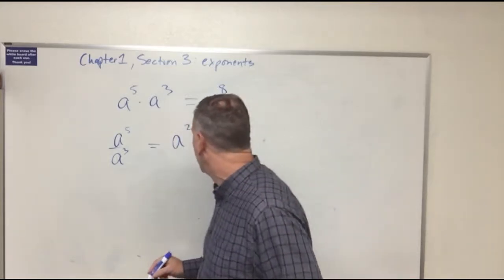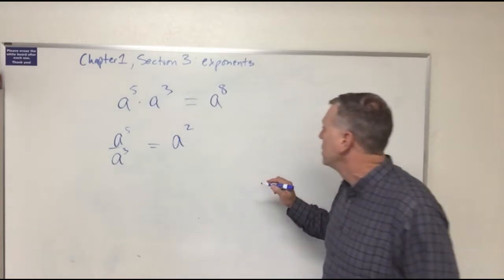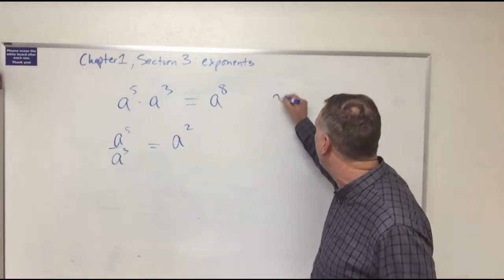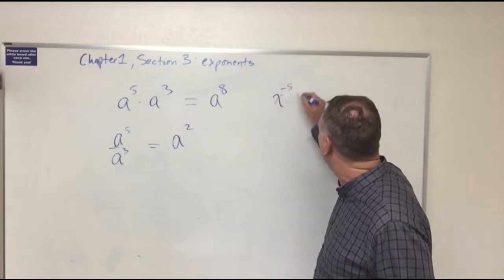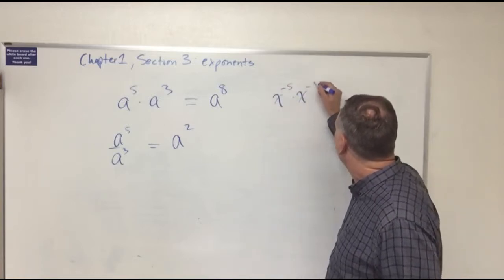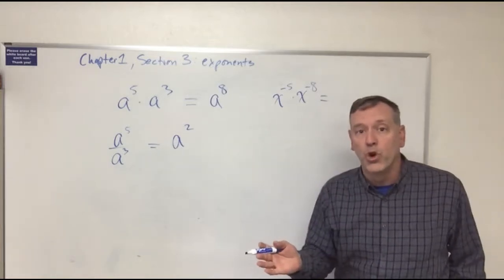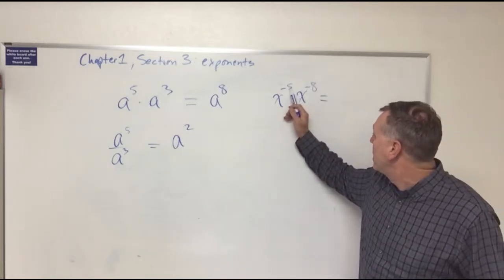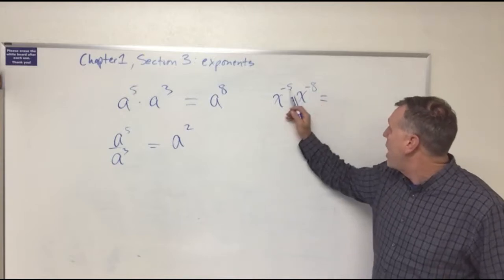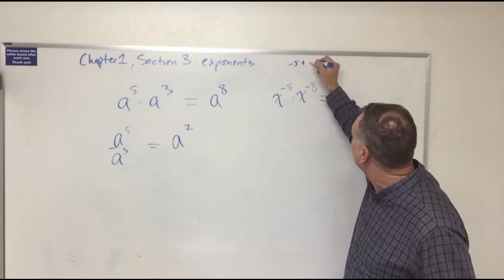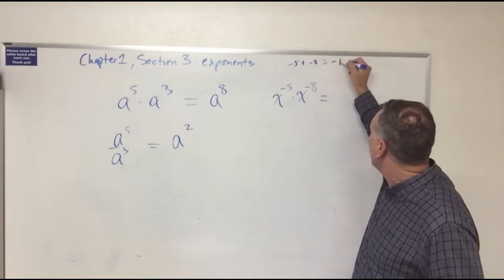Another example of this involves where exponents can be written as negative. It's fine to have an exponent negative power. For instance, x to the minus 5 times x to the minus 8, for instance. Now remember, the product rule with exponents is that you would add minus 5 to minus 8. If you add minus 5 plus a minus 8, you get minus 13.